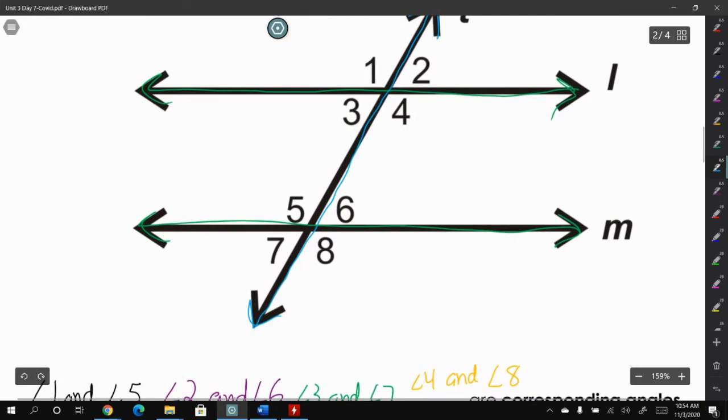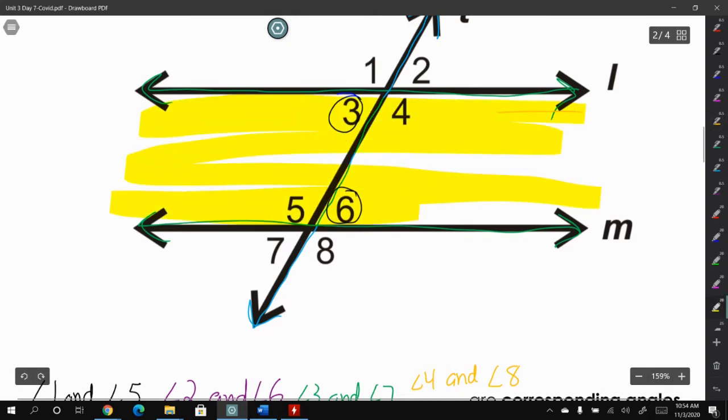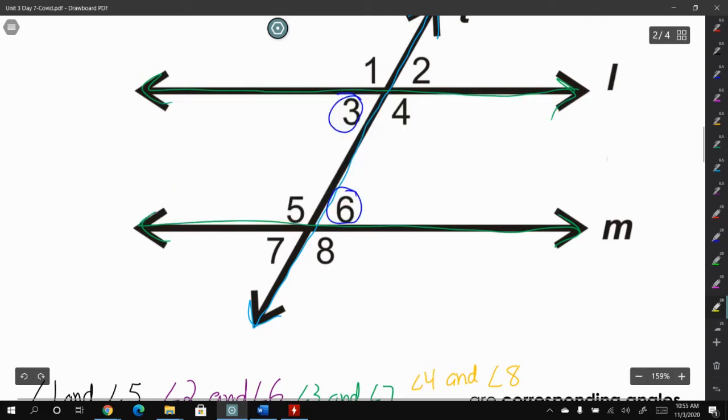Okay, so if we look at angle 3, that's on the inside. Angle 6 is its alternate interior. Remember, the interior is this whole mess here. That is the interior. And angles 3 and 6 are on opposite sides of the transversal.